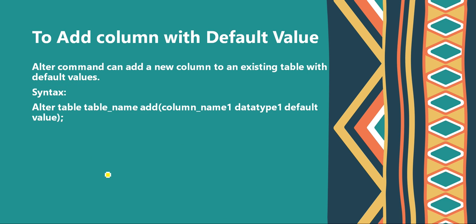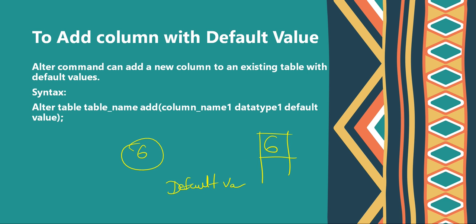If the student doesn't know about his age, or if he knows about his age, let's say he tells me that my age is 6, so in that case I will store 6 for him, right? But if he doesn't know, then I need to go for a default value.